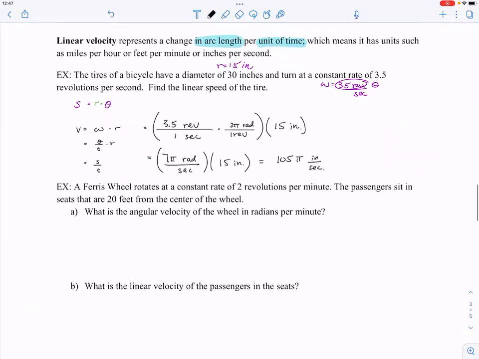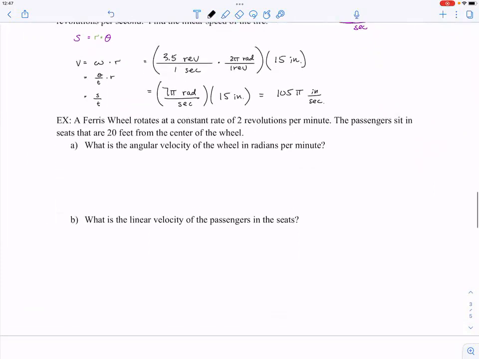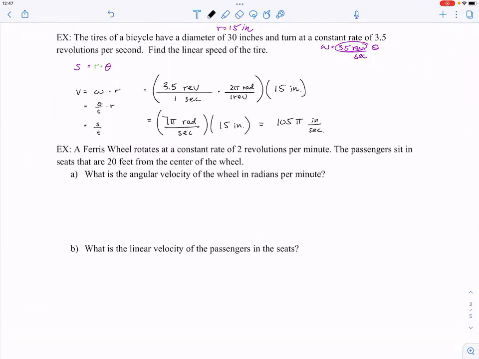All right, now go ahead and try this one yourself. Okay, for the Ferris wheel. Give you a minute to try it.